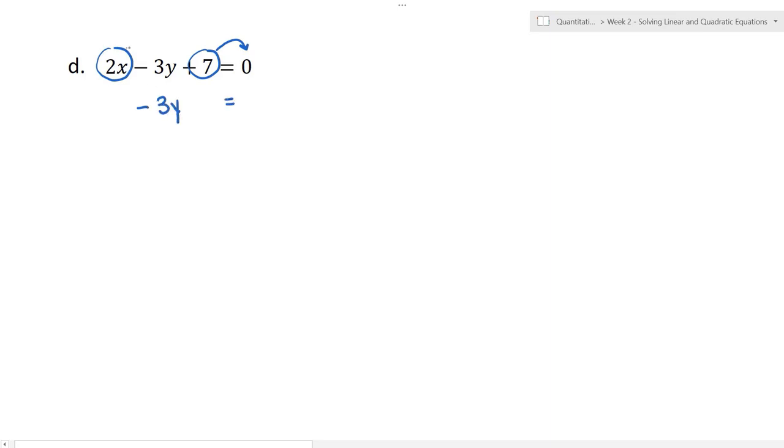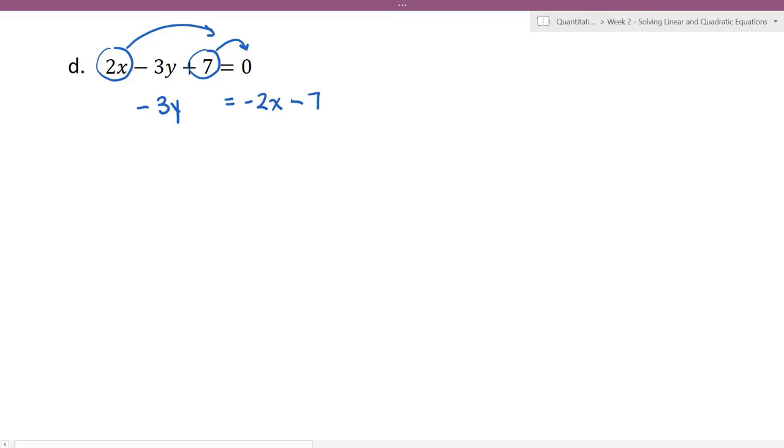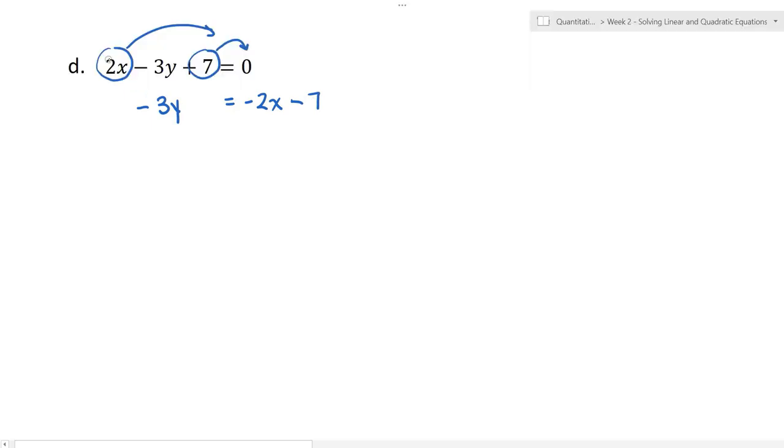I'll bring my 2x first. So now that it used to be positive on the left side of the equal sign, now I'm moving it to the right side, so it's going to be negative 2x. And my 7 used to be positive 7, now it's going to be minus 7. Okay, we have a negative 3 in front of our y, so I'm just going to divide both sides by negative 3.